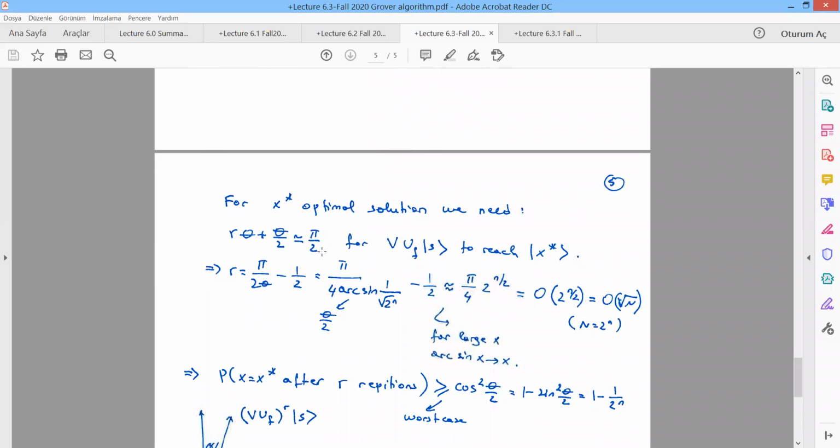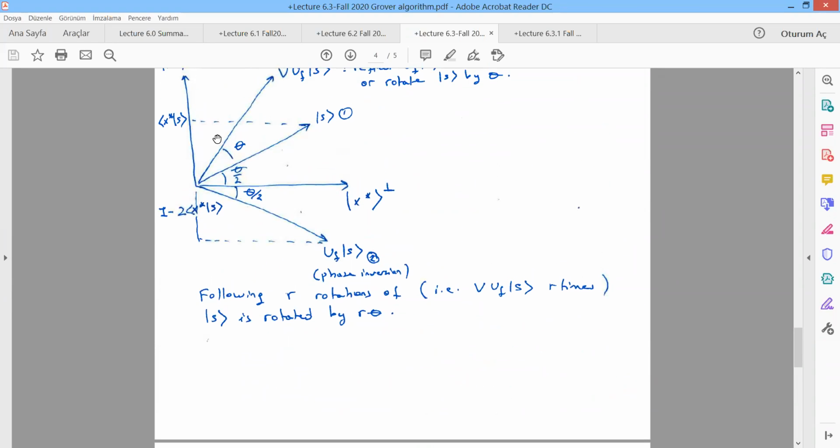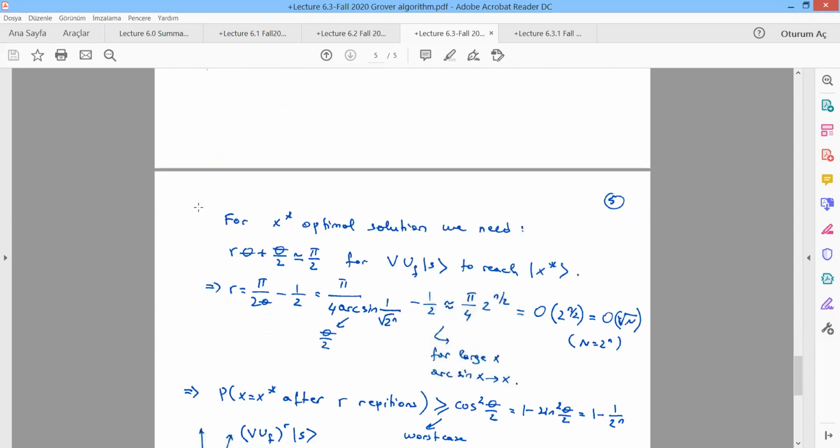This is supposed to be approximately equal to pi over 2, because when this angle equals pi over 2, we reach the optimal solution. So from here, it's easy to solve for the optimal r. Now we are solving: r theta plus theta over 2 equals pi over 2. Solving for r, we have pi over 2 theta minus 1 over 2.